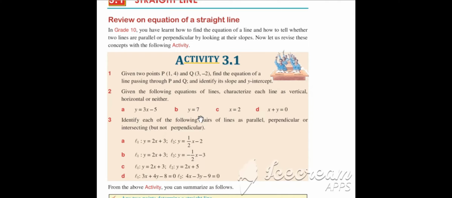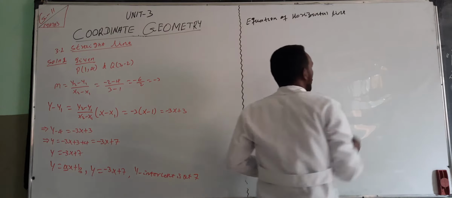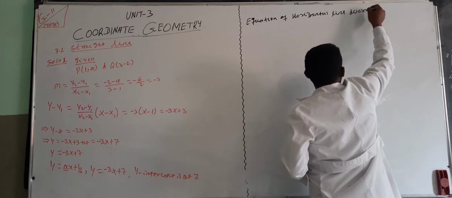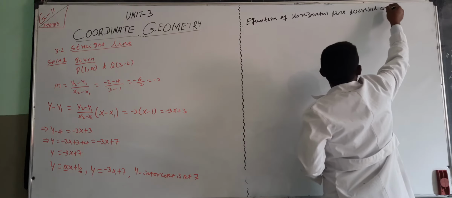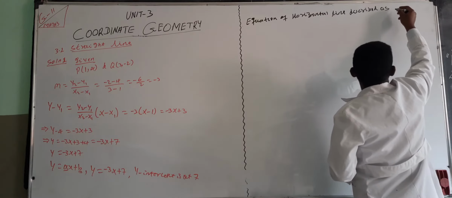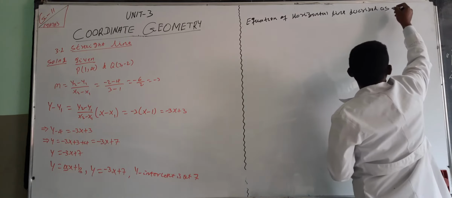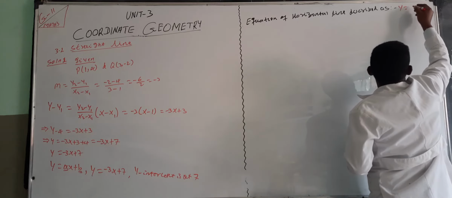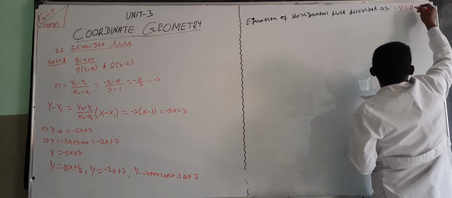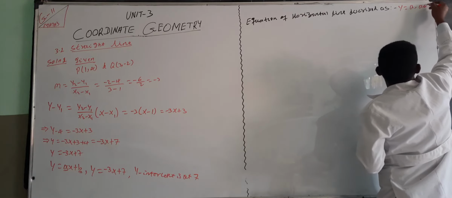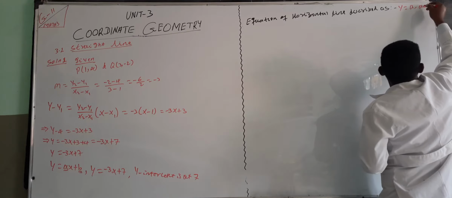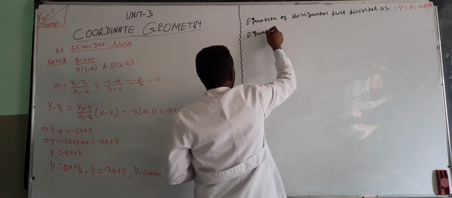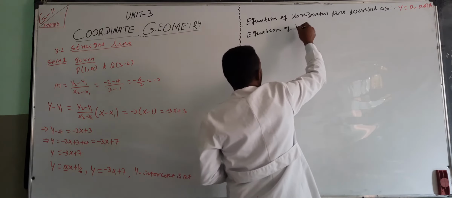Let us see on the whiteboard. The equation of a horizontal line is described as y is equal to some constant a, when a is an element of the real numbers.